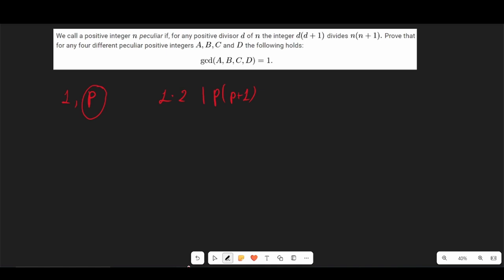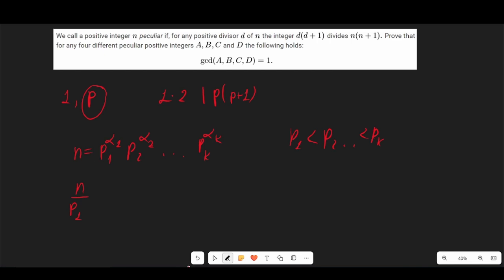And now let's take a number with more than two divisors. Take n equals p1 to the alpha 1, p2 to the alpha 2, and so on, pk to the alpha k, where p1 is less than p2 and so on. Take n over p1.